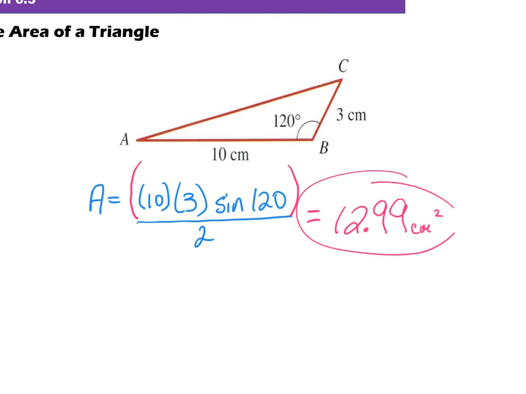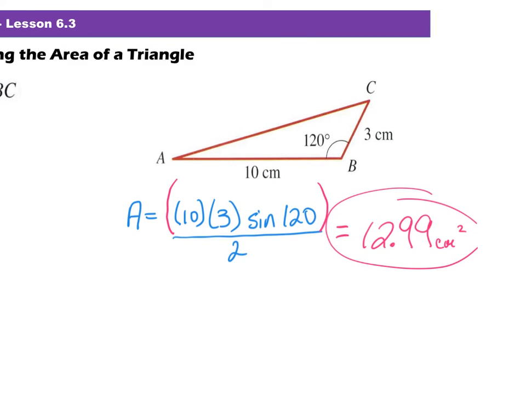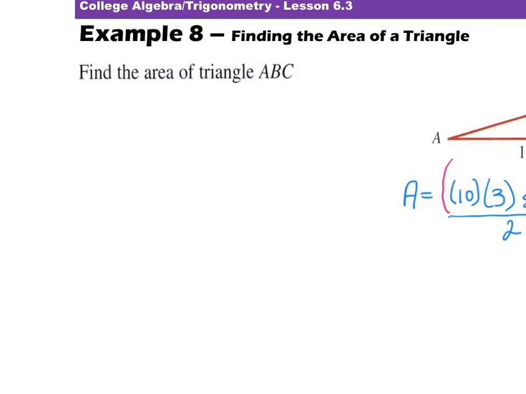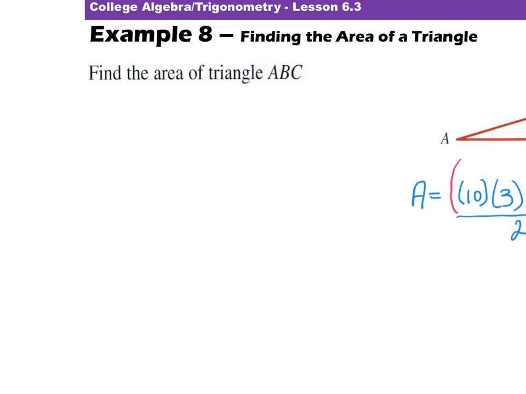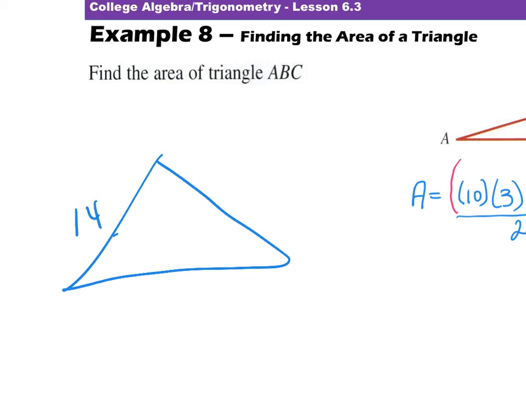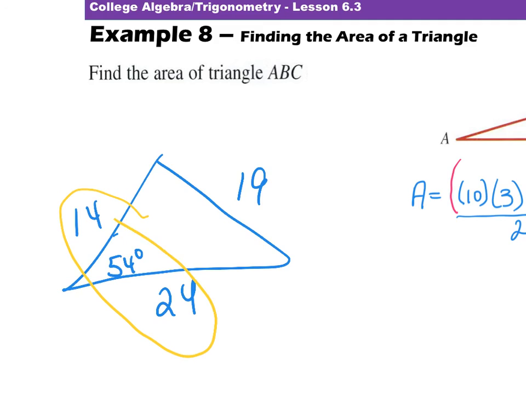So guys, listen. The area of a triangle, when they give you two sides and the angle where? The angle in, come on. Look, if I say this is 14, this is 24, and this is 19, and I say this angle is 54 degrees. What 3 numbers am I using? 14, 24, and 54 degrees.